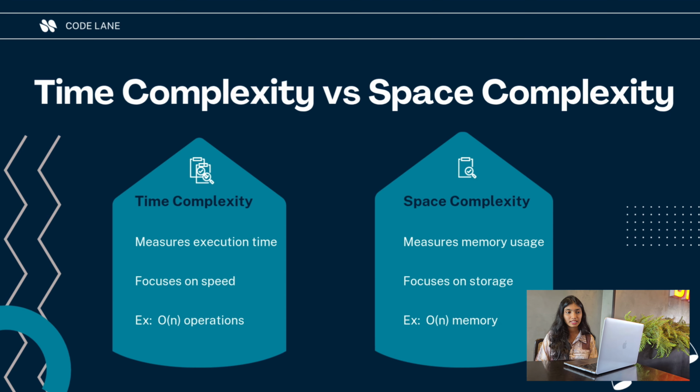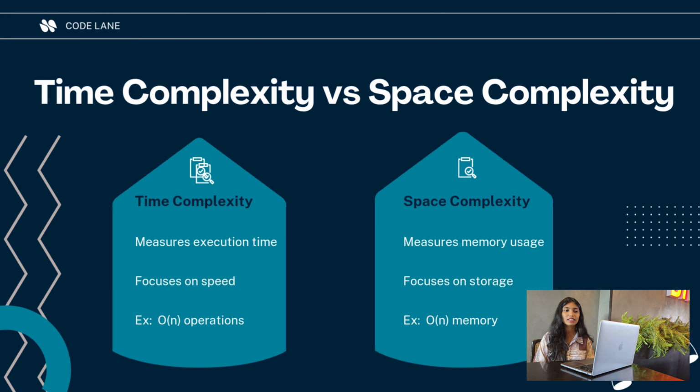For example, if we have an algorithm that processes 1000 records, we may want it to finish quickly. That relates to time complexity. However, we also want to know how much RAM it uses while processing those records. That relates to space complexity.